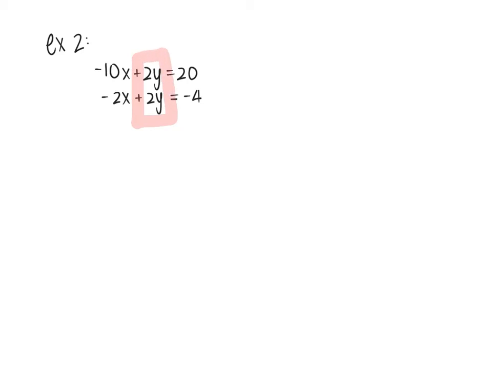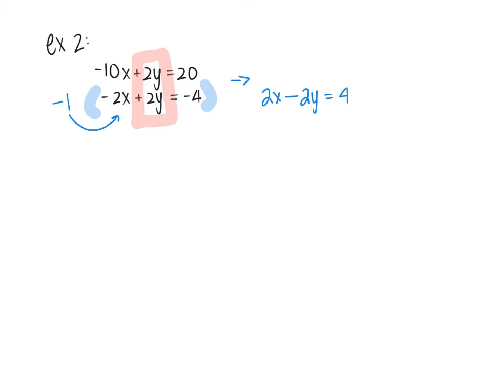So I can multiply through by a negative 1 to make them opposite. Now, it doesn't matter which one you multiply. So I'm going to multiply the second one by negative 1, which means negative 2x will give me positive 2x minus 2y equals positive 4.